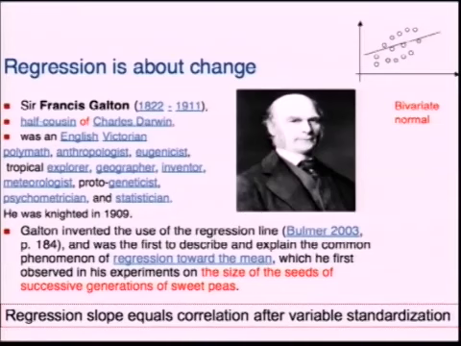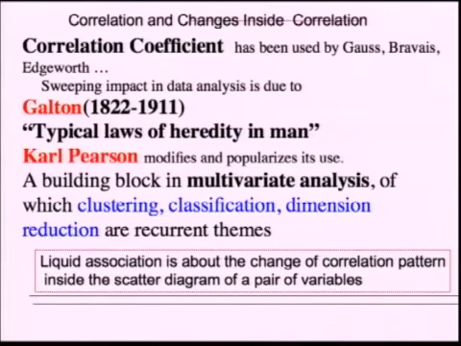In fact, his examples were about genetics, how the size of seeds evolved through successive generations. And he established that the regression slope equals the correlation if you properly standardize it.